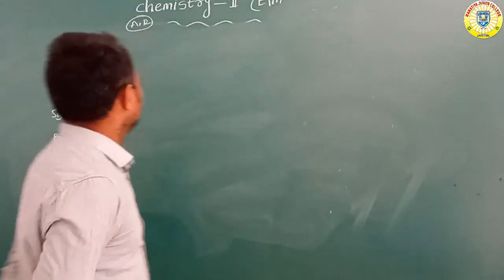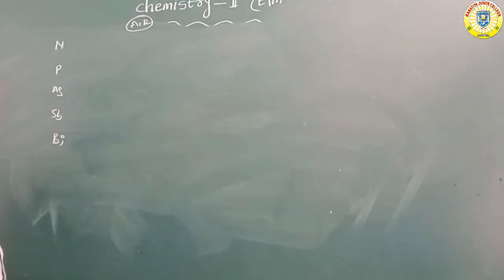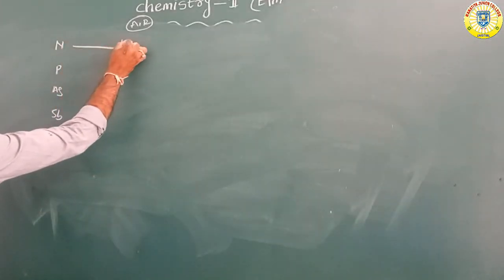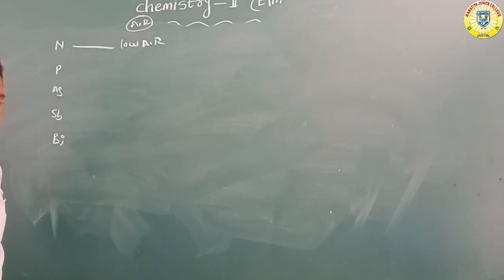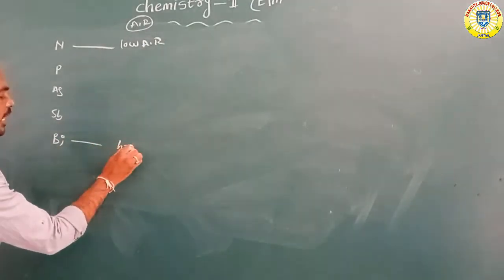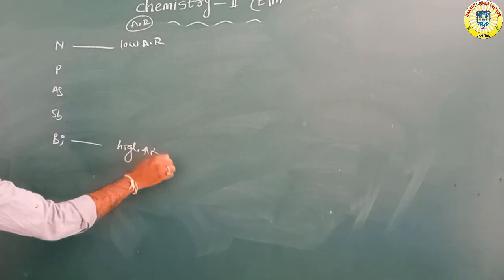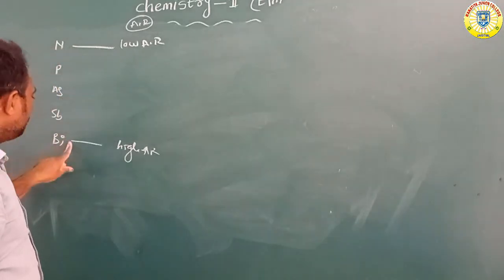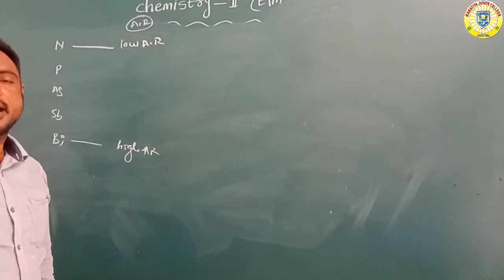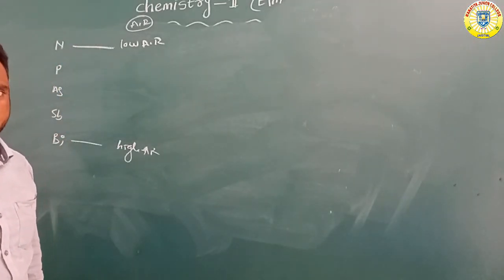Overall, the atomic radius value is very low for the element nitrogen and very high for the element bismuth. From nitrogen to bismuth the atomic radius value increases.